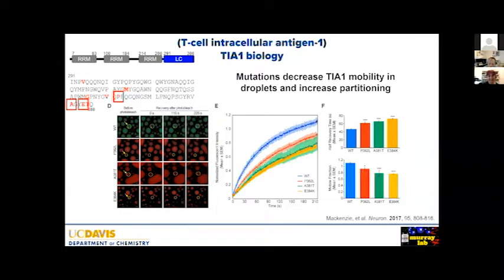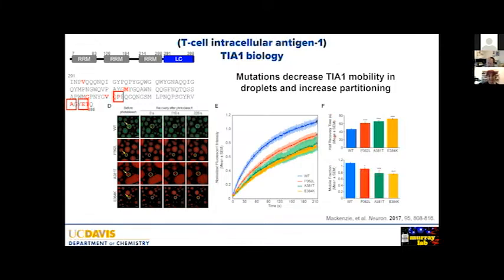So work from Paul Taylor and Rosa Rademacher's lab identified these mutations in a set of clinical data. And they looked at 3 of these mutations in particular. And this is full-length protein that's been purified in the test tube. So it's able to form droplets. You can look at these beautiful fluorescence microscope images on the left, but really what I want you to take away from this is the histograms on the right-hand side.